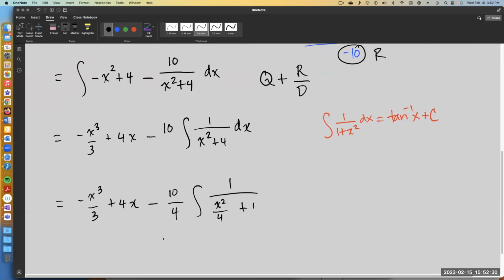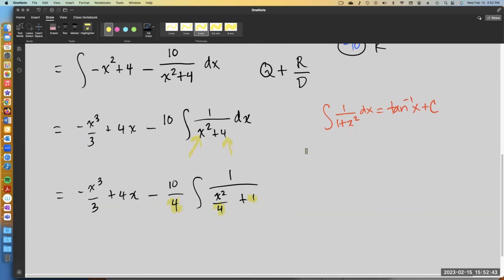If you were to distribute this 4 back, it would cancel with that, giving you back x squared, and it would multiply by the 1, giving you back 4. So hopefully that makes perfect sense to you. If it doesn't make perfect sense, we can also do this.